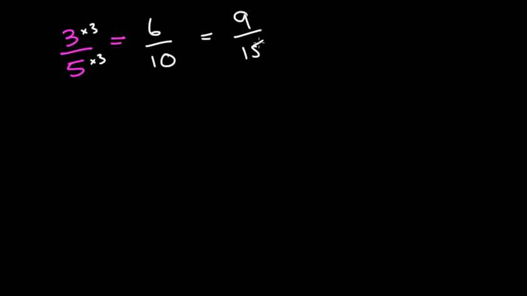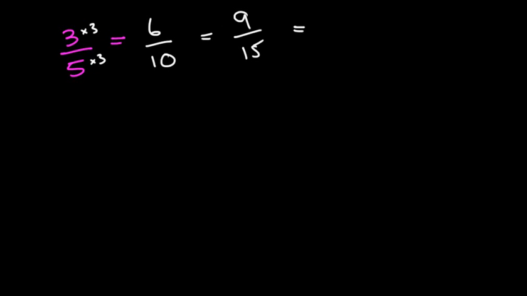So let's have a look at another question. Let's have a look at the fraction, let's say 3/5. Well, using the same rule, can you give me another equivalent fraction of 3/5? What about 6/10? Or let's times it by 3 this time. 3 times 3 is 9, 5 times 3 is 15.